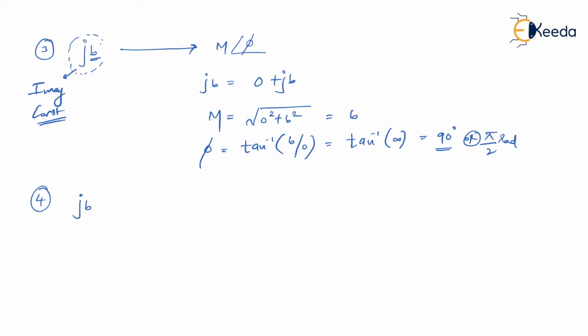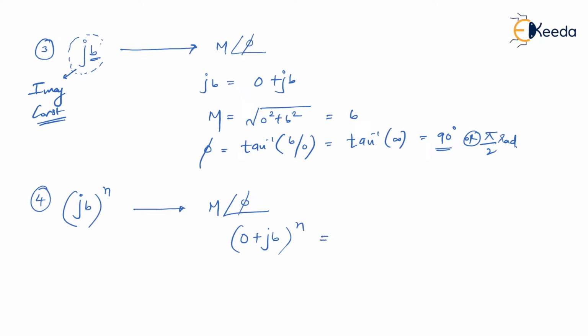suppose we have JB to the power n, and let us say I have to get its M phase form. Then please remember, this JB to the power n can be written as 0 plus JB to the power n.